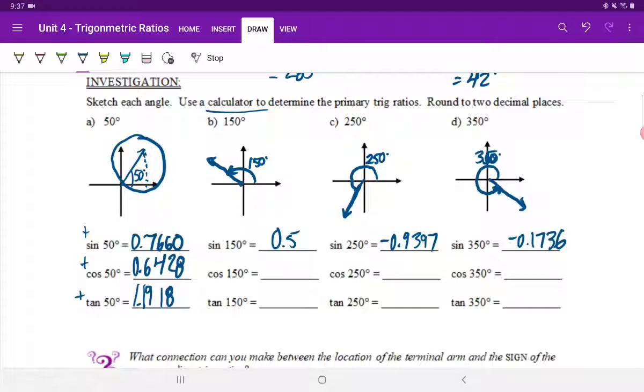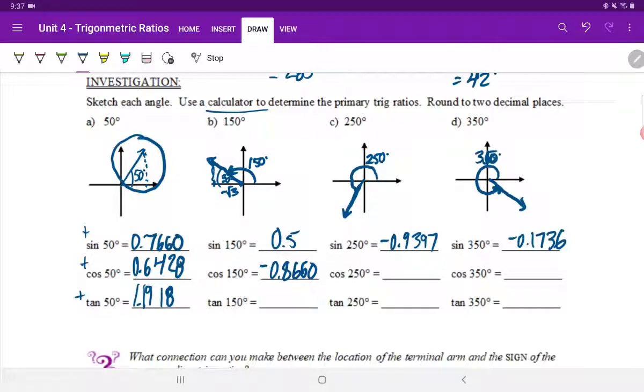That's the reason why they are all positive. But if you remember from the discussion, I told you that there are some ratios that end up being negative. So let's find the cos of 150. When you find that in your calculator, you actually get a negative ratio, negative 0.8660. It makes sense because the ratio of the adjacent to the hypotenuse, with 30 degrees again, the coordinate here would be negative square root 3.